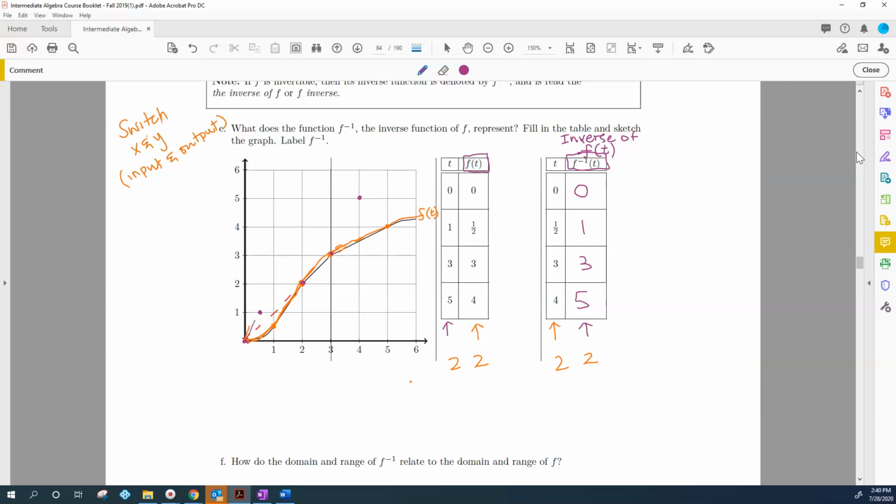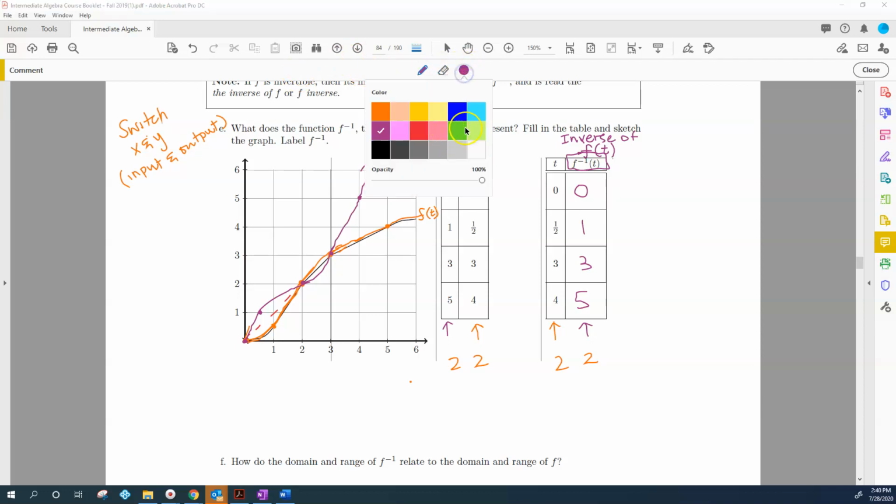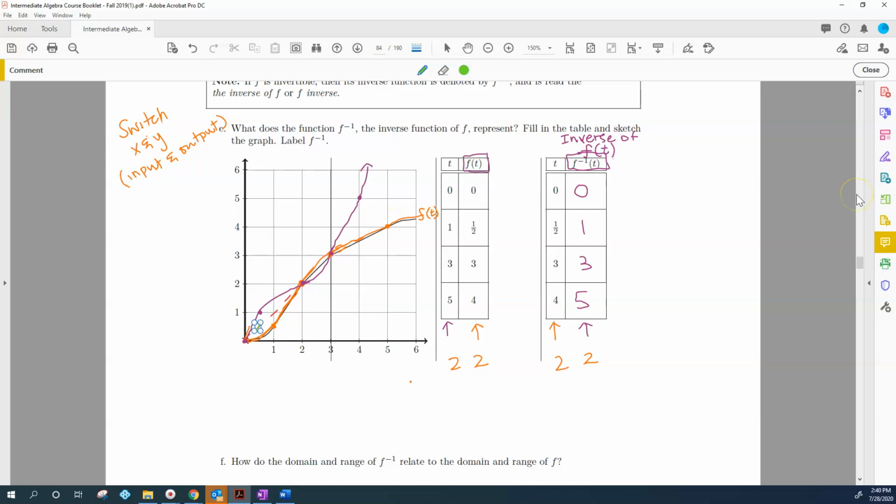So it's going up like this, right? Kind of coming through here, and up, kind of continuing out like that. Because what's happening here that I tried to make with this other, maybe a green line here, is that if you were to fold it over this little dotted line, and this is the line y equals x, it's always the same line that a function and its inverse are going to be reflected across.